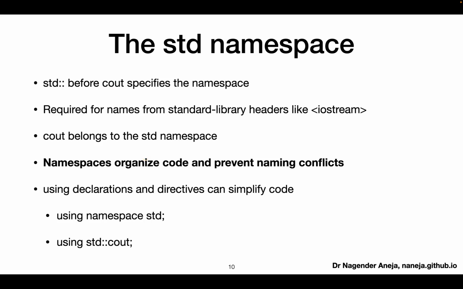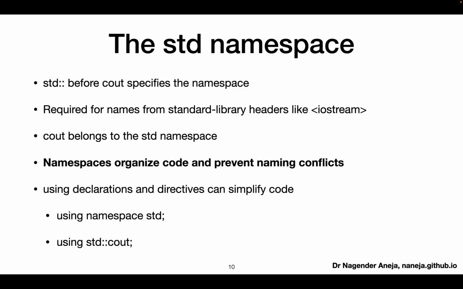When we are using cout from the standard namespace, we say std::cout. If you are using it from another namespace, for example std2, which we created, cout may be there but defined differently. In that case we use std2, the scope resolution operator, and then cout.